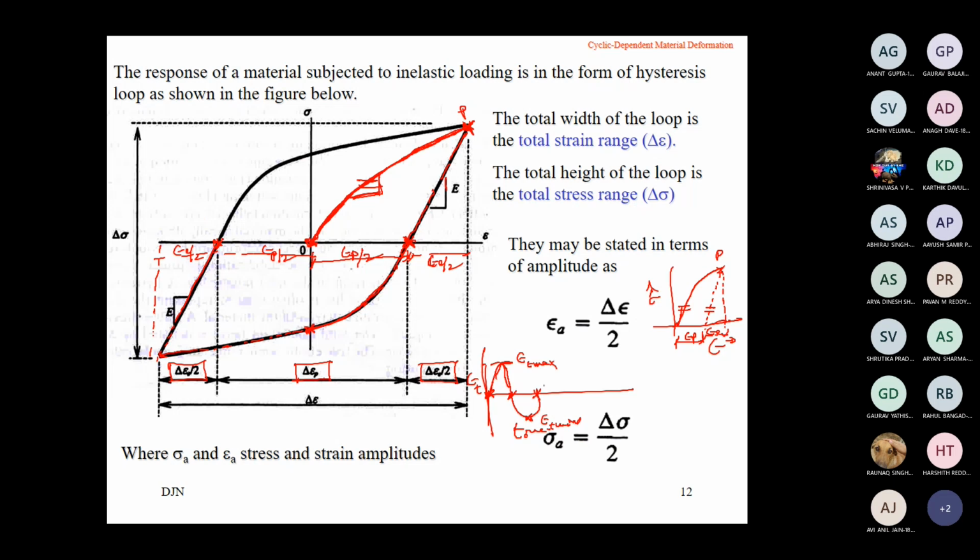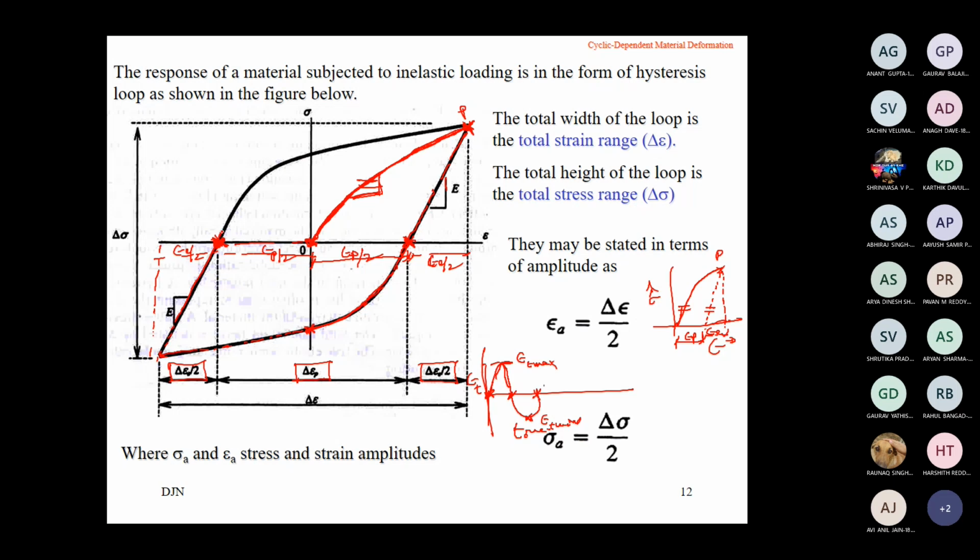And after this particular point, in the compression side, it reaches the original, the previous zero stress level. Then if you want to load further, if you want to load again, there is already some plastic deformation because of the compression.